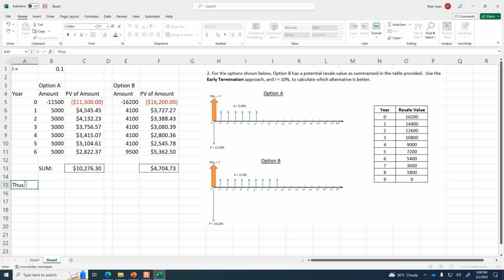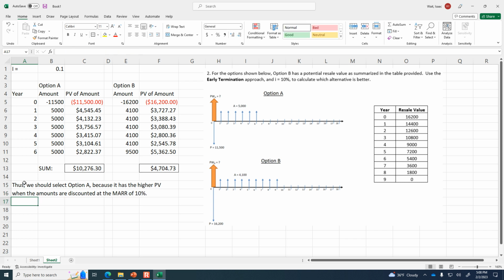Thus, we should select option A because it has the higher PV when the amounts are discounted at the MAR of 10%. So we select option A.